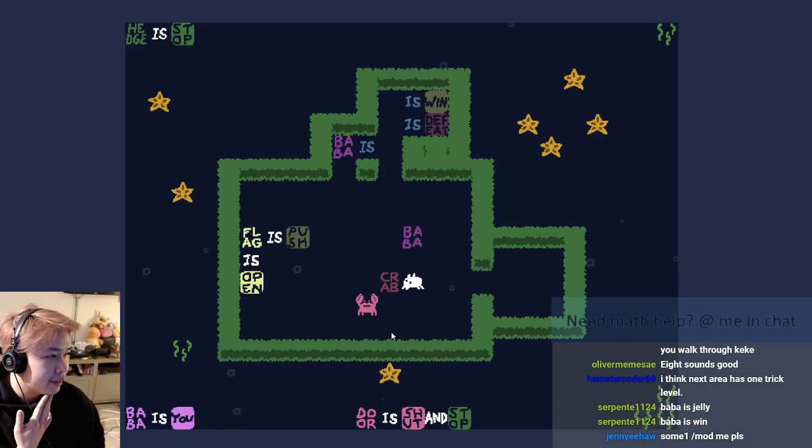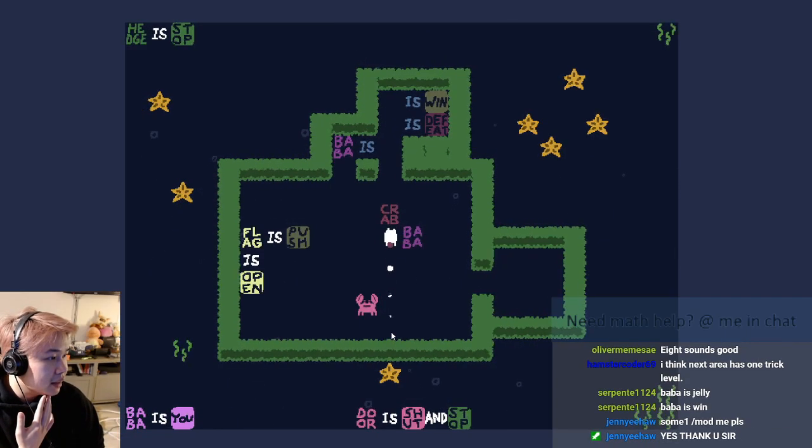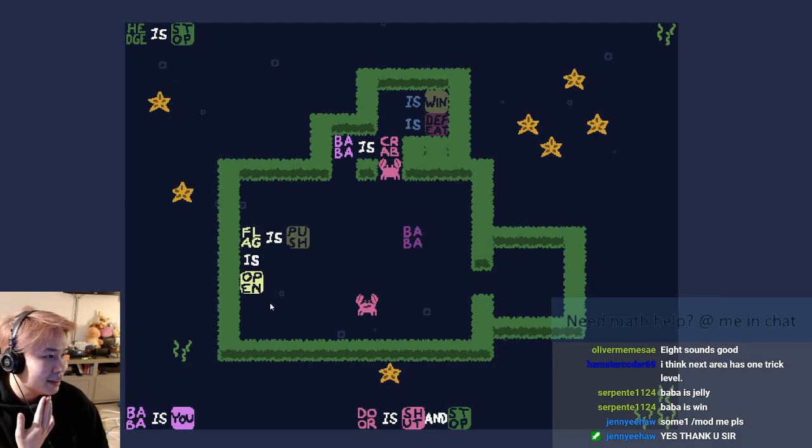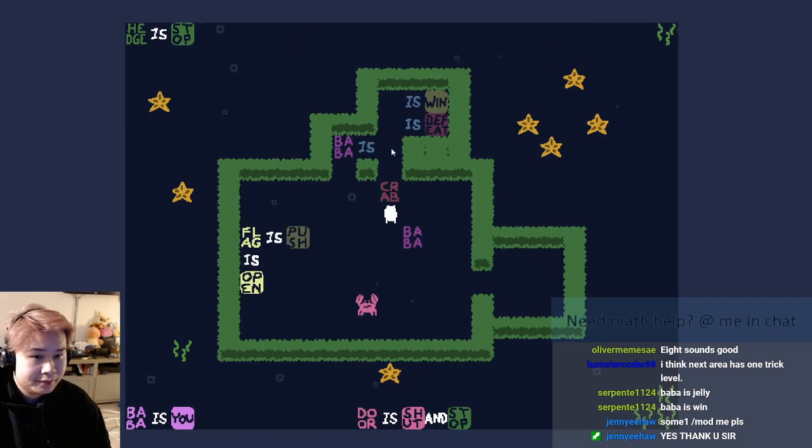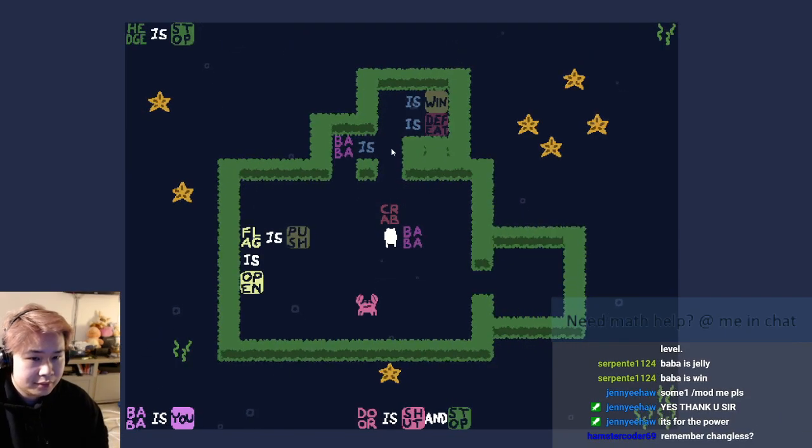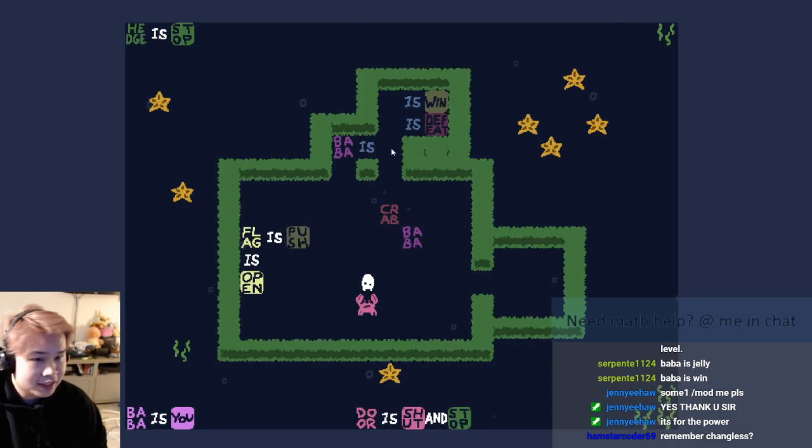Okay, I now have the crab, so I can push the crab through. Oh, and then this one stops me because now Baba becomes a crab and I die. You remember Changeless?